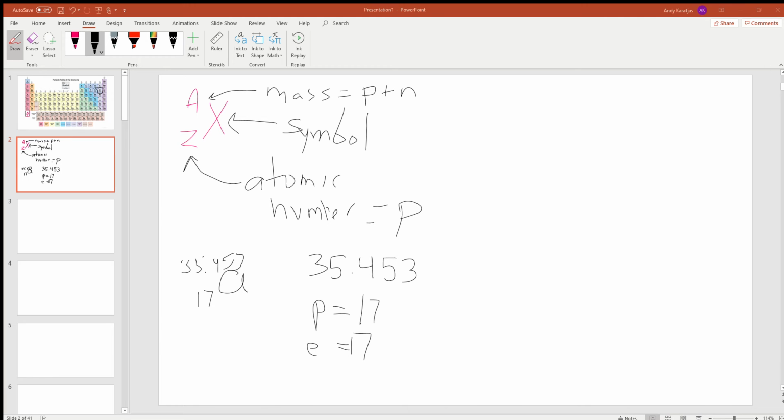So we need to talk about what happens when we change the number of subatomic particles within an atom. So we're talking about what happens if we change the number of protons, the number of neutrons, or the number of electrons. And we'll look at those each individually because those are three very, very different items.